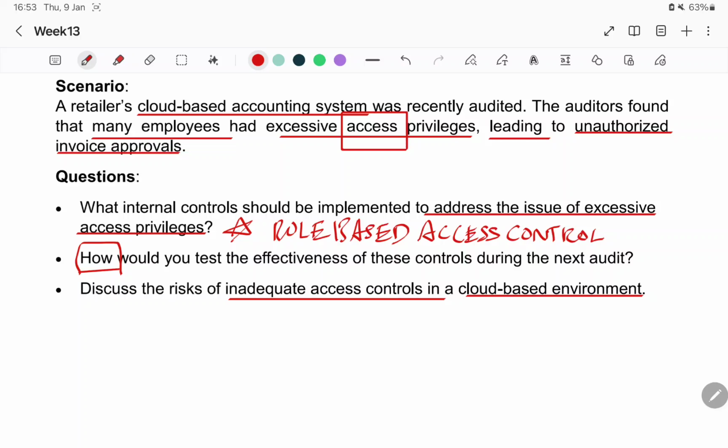Okay, first over here we suggest role-based access control, is that okay?